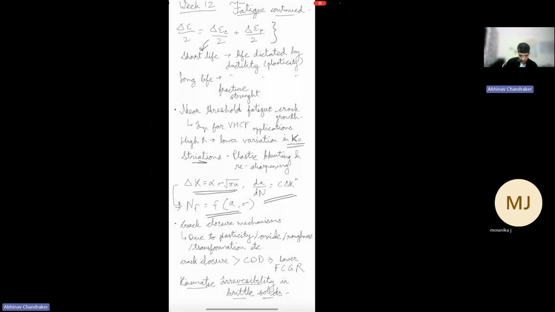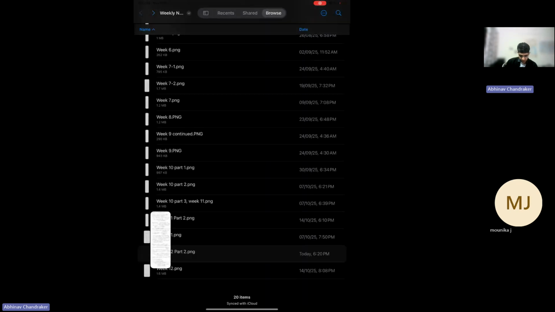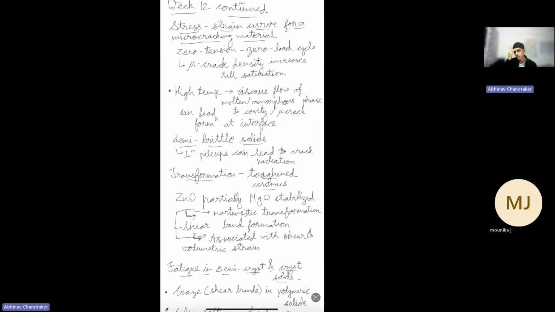So with this, fatigue ends. We first concentrated on fatigue crack growth after fracture mechanics. Then we went into some basics of fatigue and concepts related to fatigue, how materials behave under fatigue, what are the microstructural evolutions that occur, and later on we took up some non-metallic instances also, or non-ductile such as BCC crystal structure materials, and saw how mechanisms and properties differ for them.